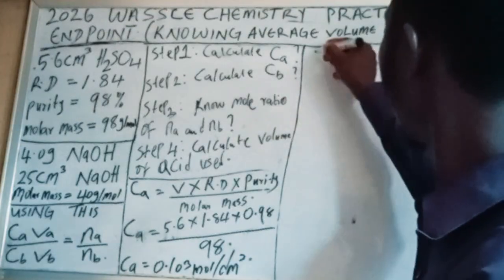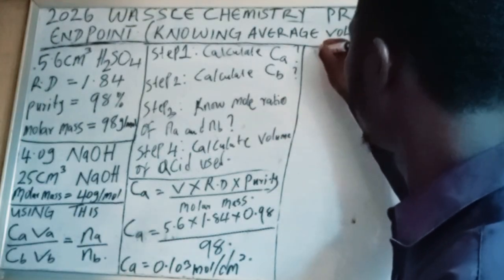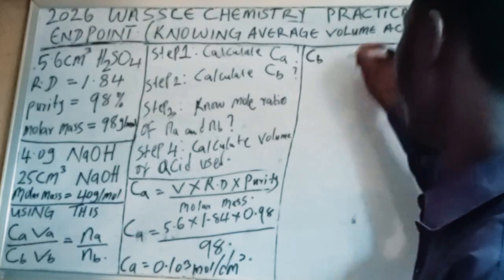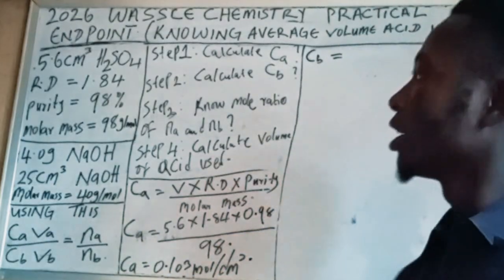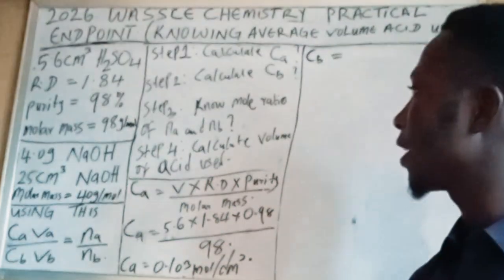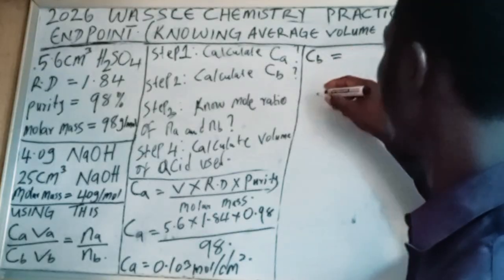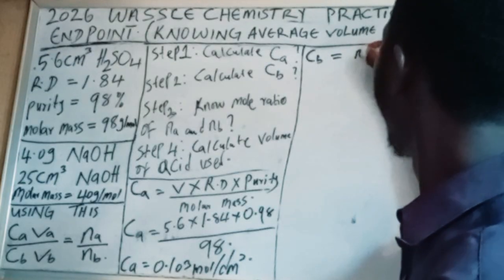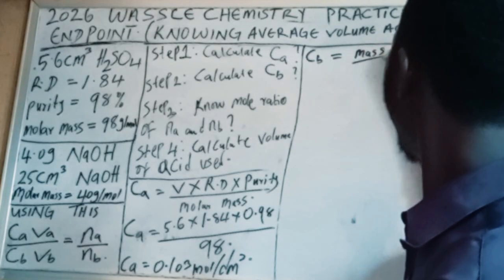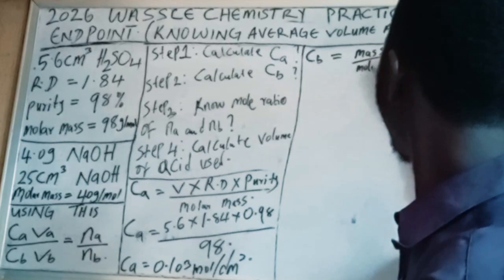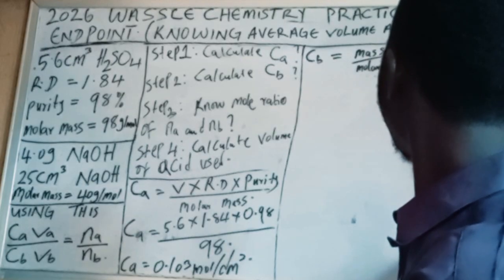The next step is for us to calculate CB. The formula we are using to calculate CB, the concentration of B, is equal to mass divided by molar mass.